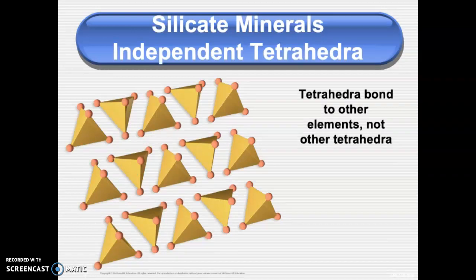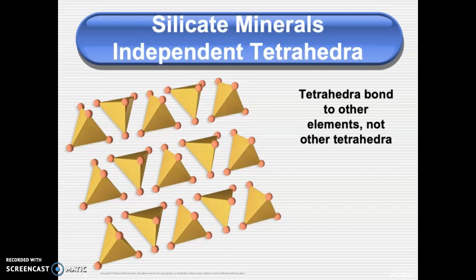So when we build a silicate mineral, one of the things that can happen is you have these individual tetrahedra, and they bond to other elements. So the space in between the tetrahedra is going to be occupied typically by metallic elements. So you might find iron and magnesium in there.